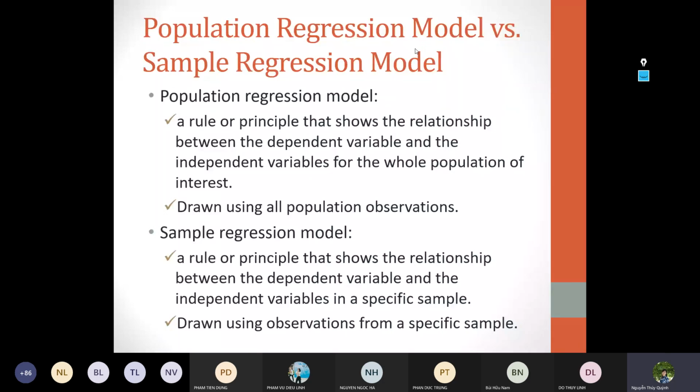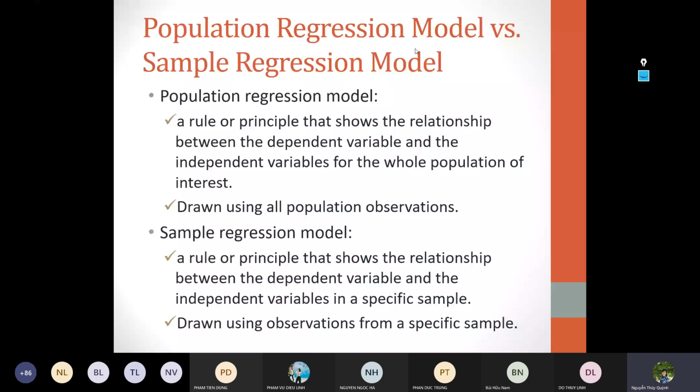So for one sample you will have one sample regression model, but for one population, where you can take various samples, you will have different sample regression models for one research.